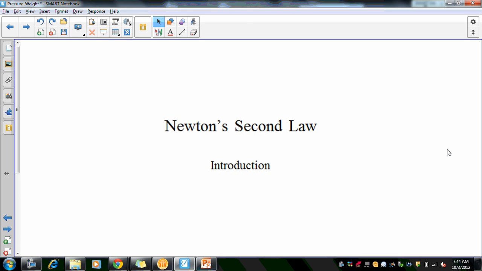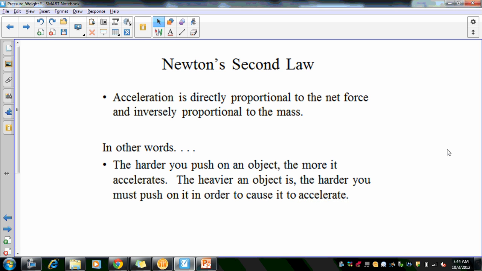All right, so we're going to talk about Newton's second law now, more specifically than in the overview. So why don't we start with what we talked about in that overview of Newton's laws. Newton's second law says that acceleration is directly proportional to the net force and inversely proportional to the mass.